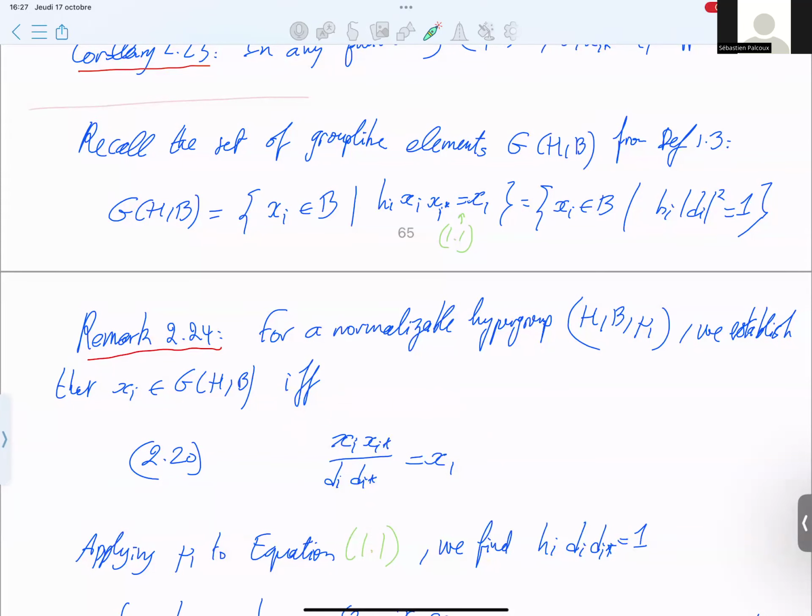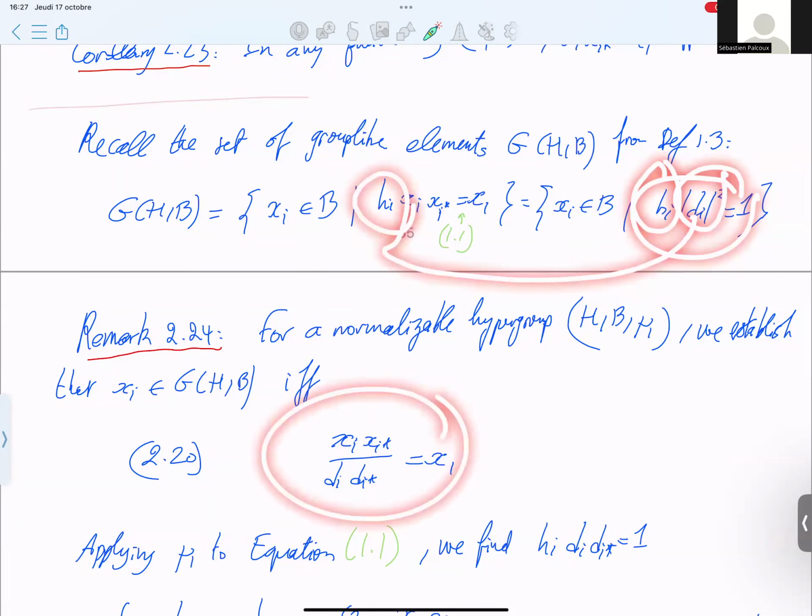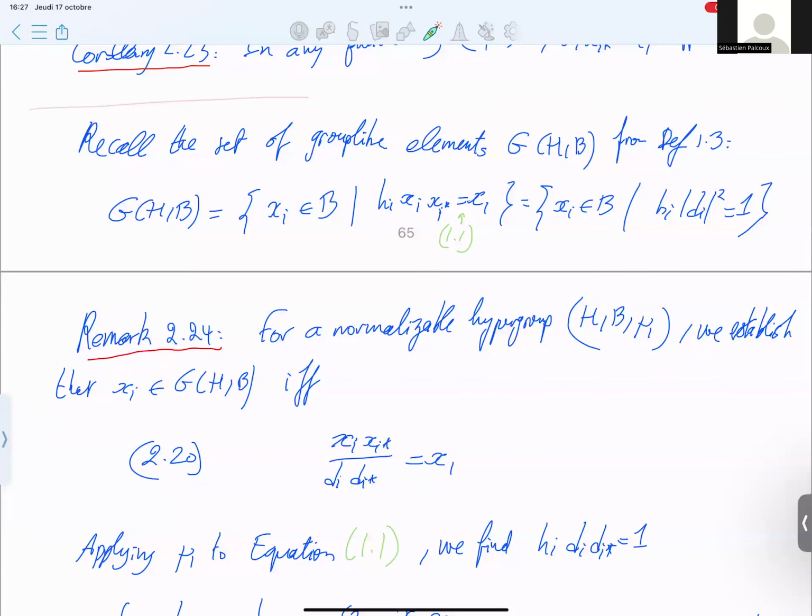Which is exactly this. You know, h_i is equal to the inverse of that by this equality. So you put the inverse of that here, so you get that. You just have that.